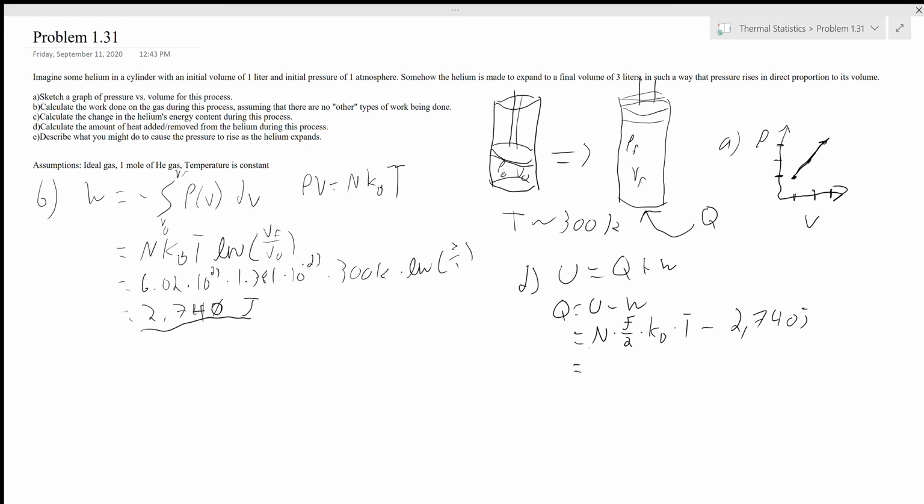And so this gives me 6.02 times 10 to the 23rd times 3 halves times 1.381 times 10 to the negative 23 times 300 Kelvin, I can't forget that.